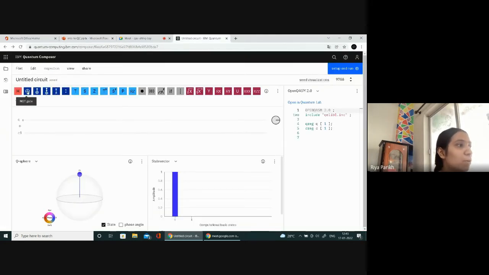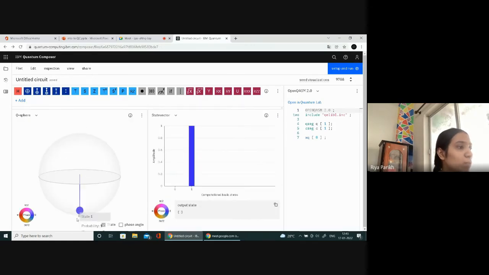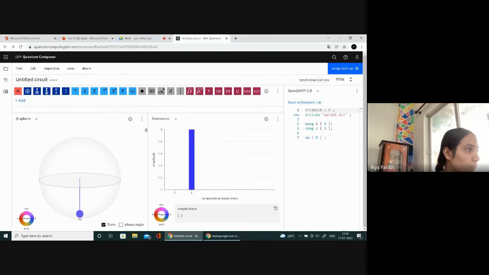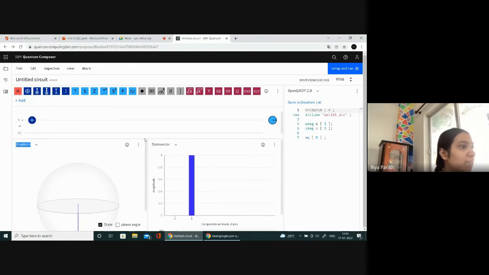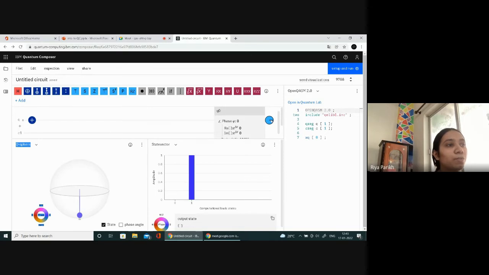The X gate or NOT gate is denoted by this plus sign here. Before that, the qubit is in state 0, so it's gray. When I apply a NOT gate, you see that the qubit went into state 1. It can also be shown in the vector graph here, and the color of the qubit also changed to blue, that is state 1.